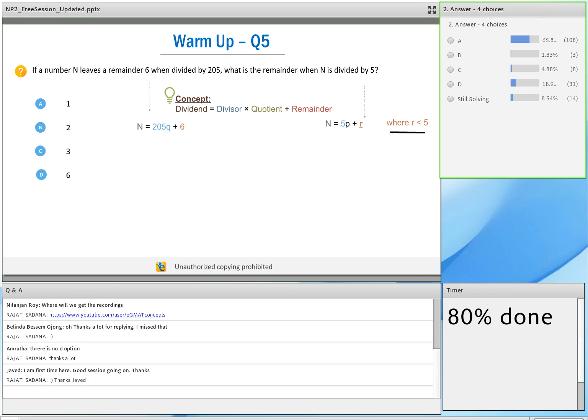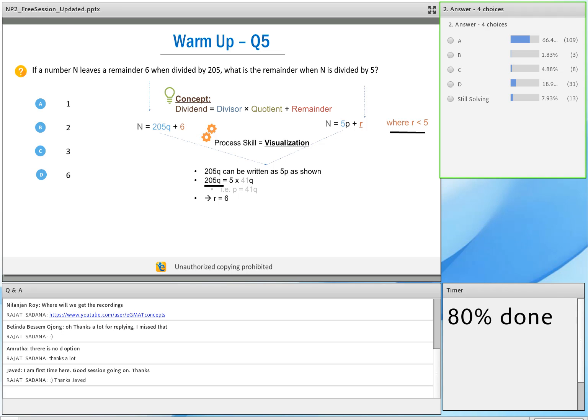What we are given is n is 205q plus 6, which means the same process skill of visualization. We express 205 in terms of 5, which means it can be written as 5 times 41. So 205q is completely divisible by 5.